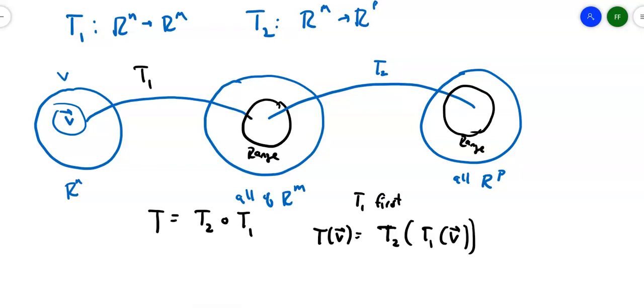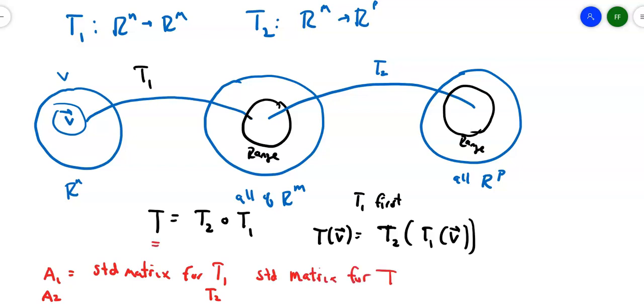Let's let A sub 1 be the standard matrix for the first transformation, T sub 1, and we'll let A2 be the standard matrix for the second transformation. Then the standard matrix for the composite, right? Remember, T is the composite. The standard matrix for T is a new matrix A that is A2 times A1 in that order.